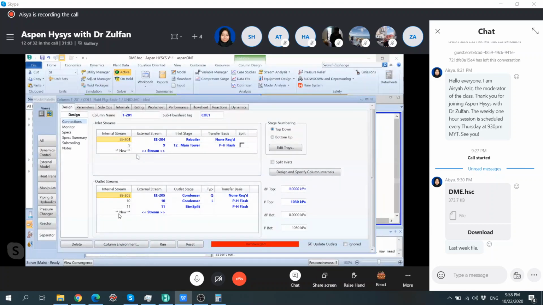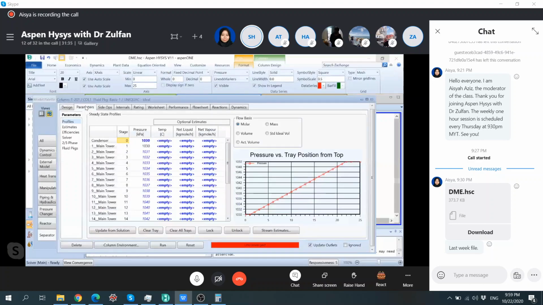So one stream goes as the bottom product, the other stream goes to the reboiler. So that is this split. In this case, we don't have the information of how much the split is going to be. So I'm thinking that if we can go back to that page, we just select the default reboiler setup, simply because we don't have that information.